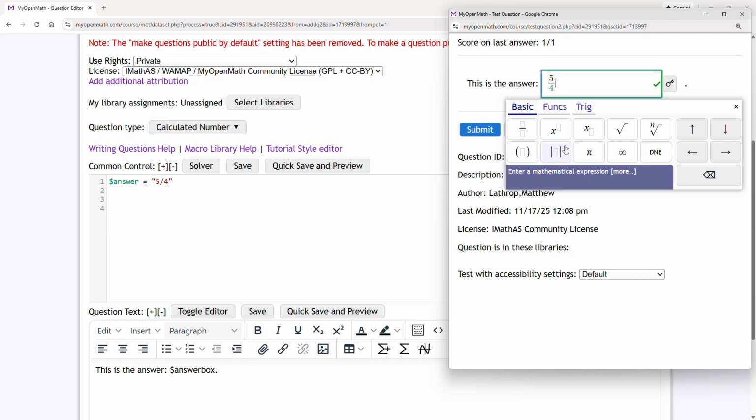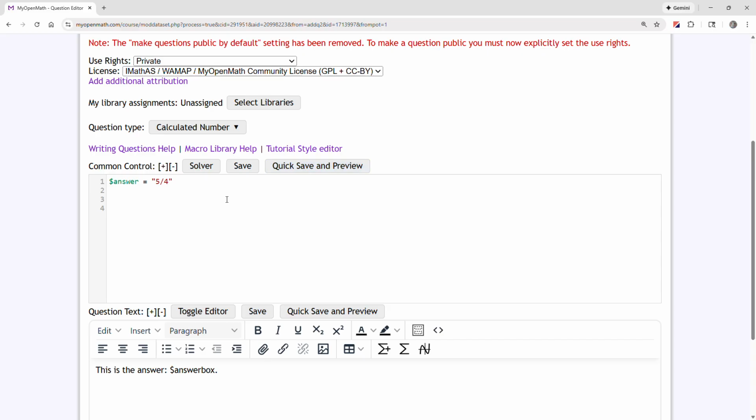So my general suggestion would be to always use the number calculated instead of the number numeric feature, because for the most part it operates pretty similarly, but you get some more flexibility with answers and more different types of answers. We also have some additional answer format options.